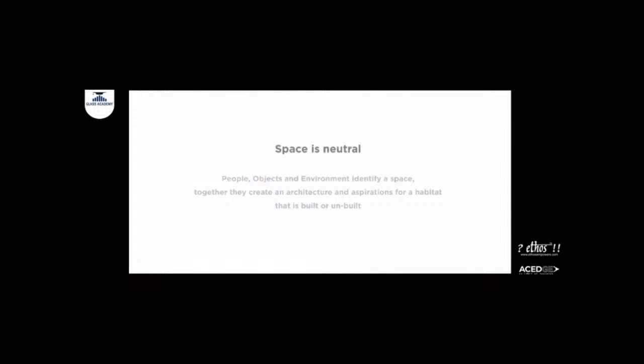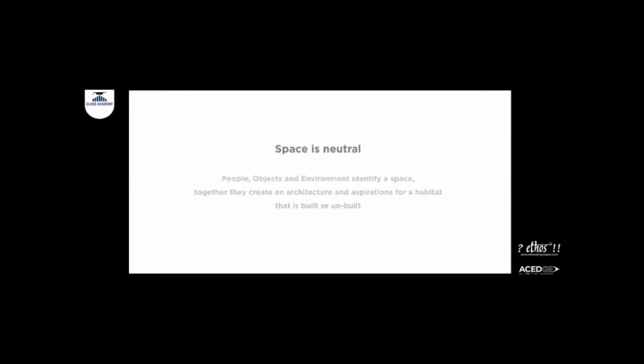So just to compile all the thoughts, since I was thinking about this idea of people, objects, and environment, one wants to go back and see what is the most basic representation of that, or how these three entities matter or relate. So if you see, space is a very neutral entity.